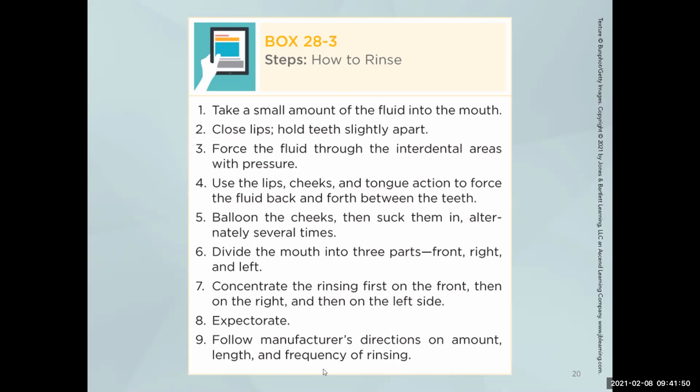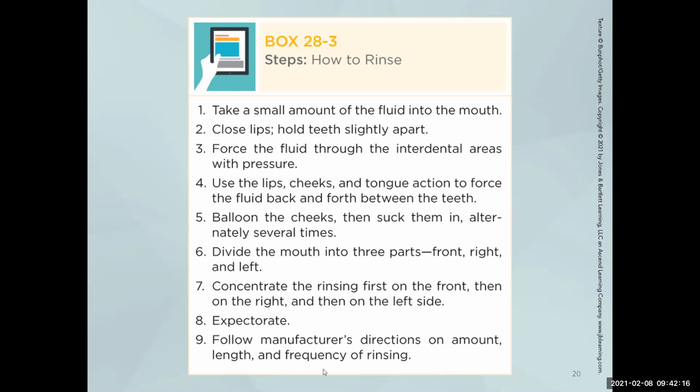No, but we ask the patient to vigorously swish and follow the manufacturer's directions on the amount, length of time, and frequency. So chlorhexidine is two 30-second rinses. Swish for 30 seconds, spit it out, swish for another 30 seconds and spit it out if the patient's using it at home.